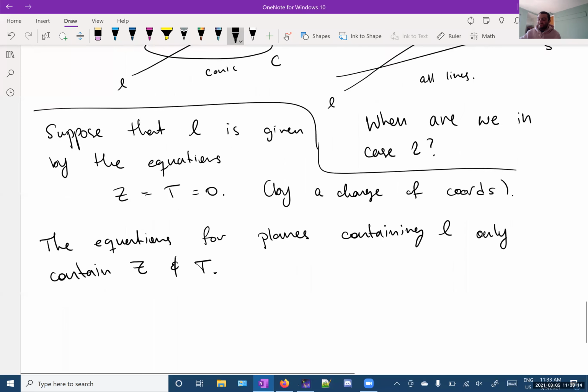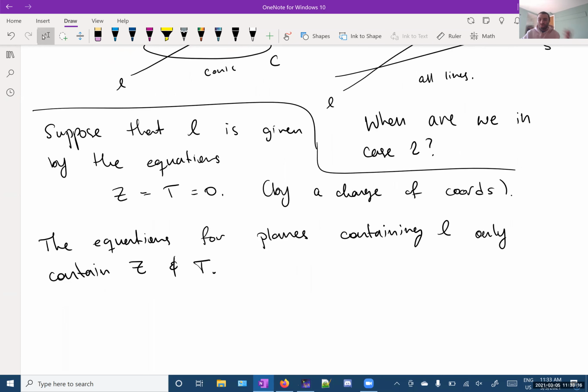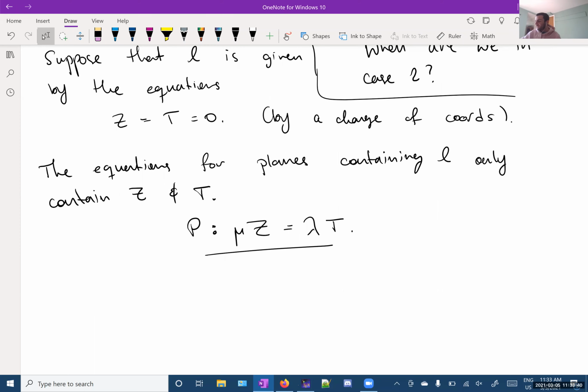Now these are homogeneous linear equations in two variables. That means they have to be of the form, this is my plane P, mu z equals lambda t. These are what my planes look like. Okay, great.